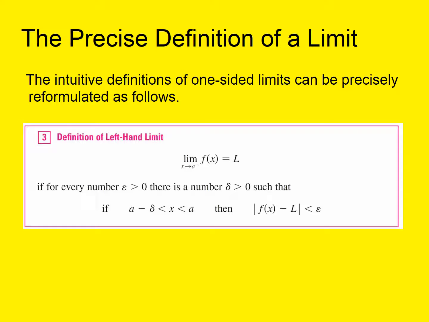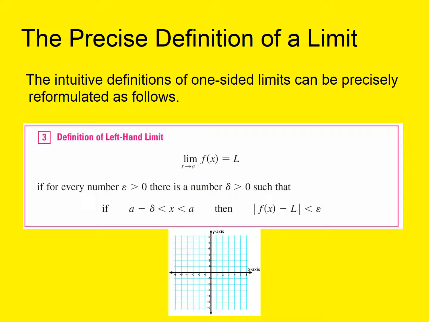So we are imagining that there's a number a out here somewhere, and then there's a small delta interval out here. And x is going to approach a from the left. Now x cannot go to the right of a.